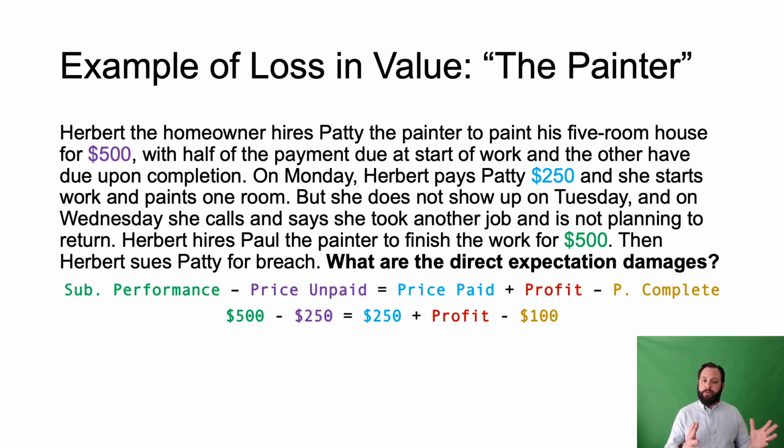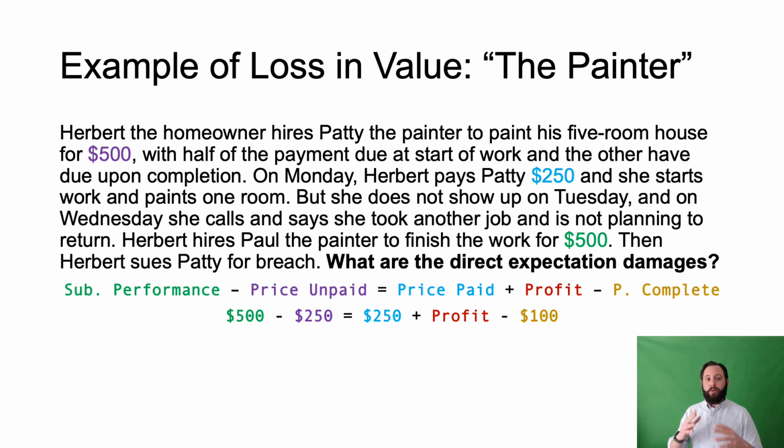Well, the substitute performance, the cost that it will cost Herbert to hire Paul to finish the job, is $500 additional. However, remember, Herbert only paid Patty half, and he's not going to pay the other half, so he avoided a cost of $250. And so that's the price unpaid. And those two together will actually get Herbert to his level that he expected.